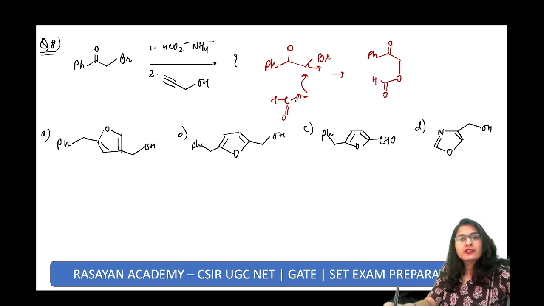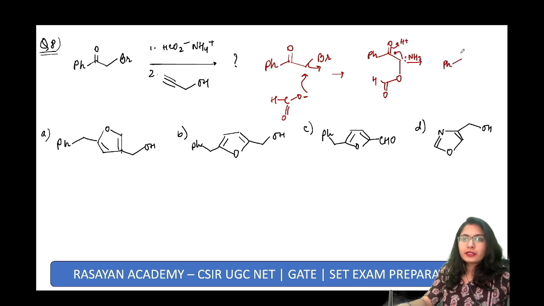Now what is next? You are going to have Br minus and ammonium ion. So the ammonium ion is definitely going to provide a proton over here. Then later on ammonia can attack on this carbon. So I'm just going to do iminium ion formation directly.